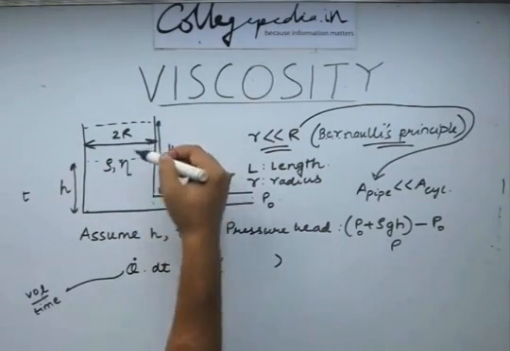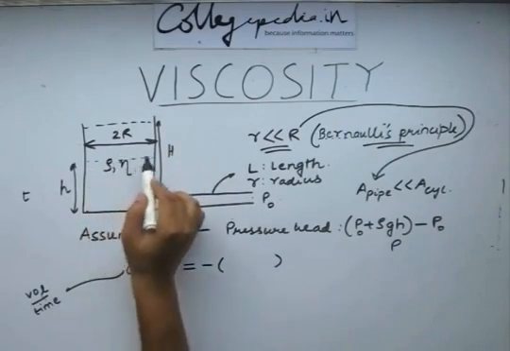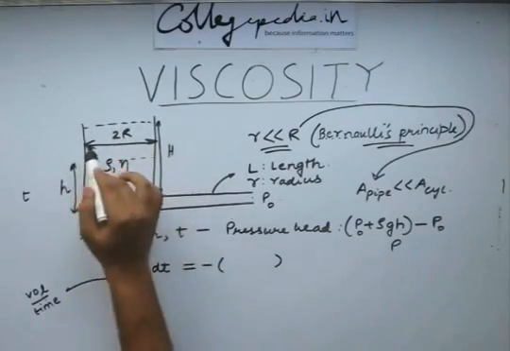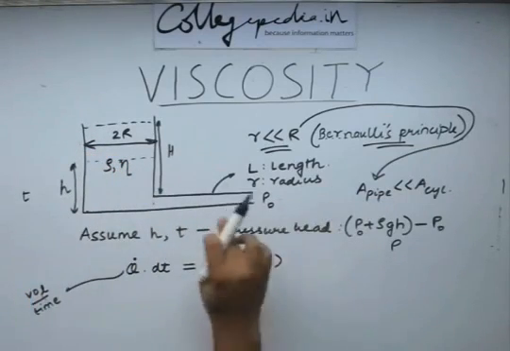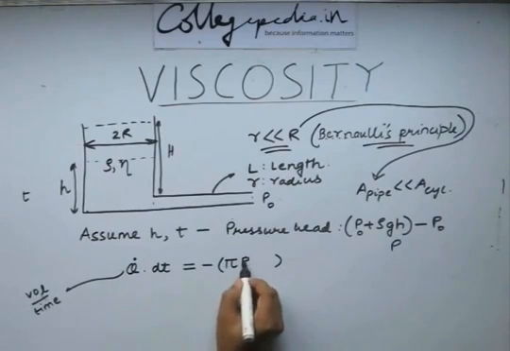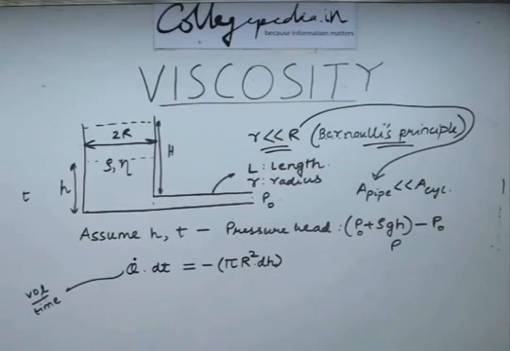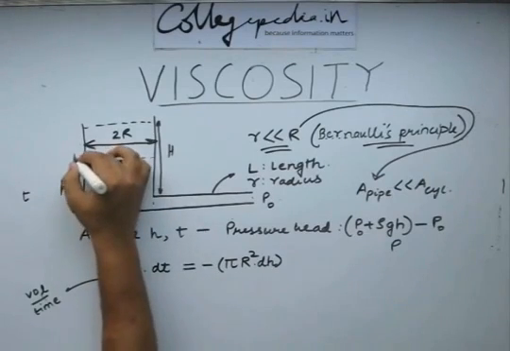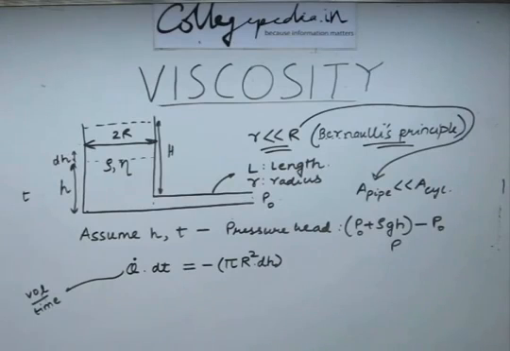The decrease in volume of fluid in this cylinder is nothing but the cross-sectional area of the cylinder times the little height that got decreased when the fluid is flowing out of the pipe. This is going to be nothing but pi r square times dH, considering a small drop in height of dH. This is our governing equation.